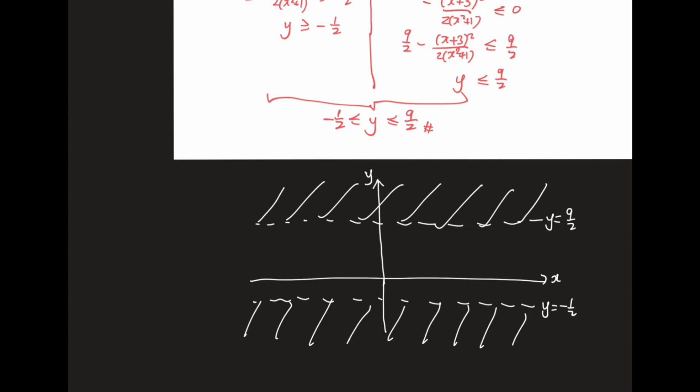Meaning that the turning point should be somewhere at 9 over 2. You should expect some maximum point reach here and come down afterwards. And at the meantime, there is no graph below y equal to minus half, meaning that the graph may go down and then reach minimum point and turn up.